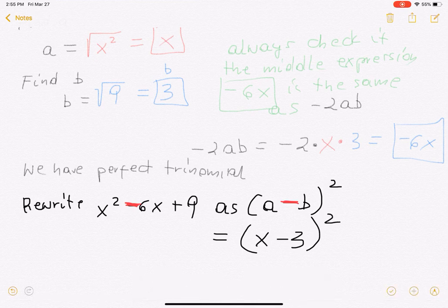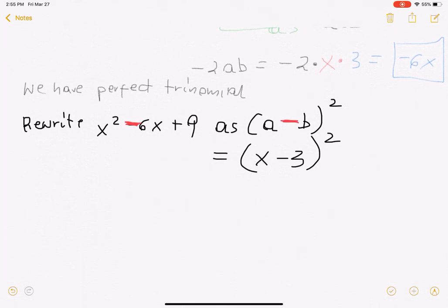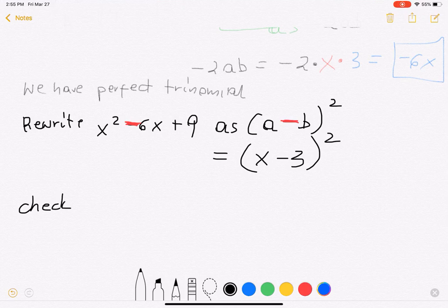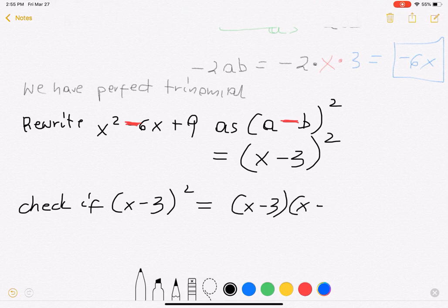And again, you can always check your work. I will leave that for you, but to make sure, check if x minus 3 squared, which is the same as x minus 3 times x minus 3, will give you our original expression, which was x squared minus 6x plus 9.